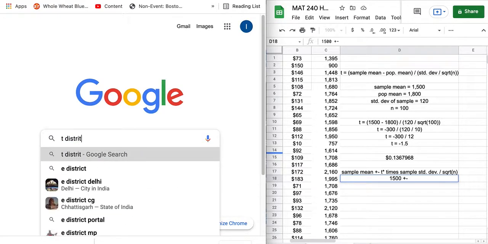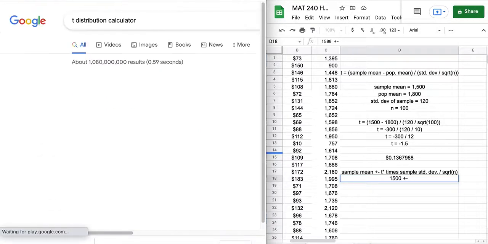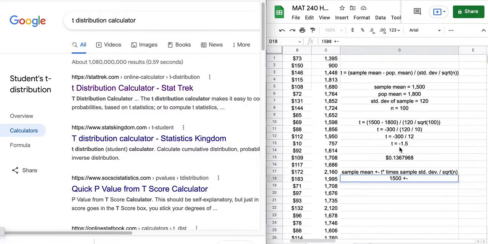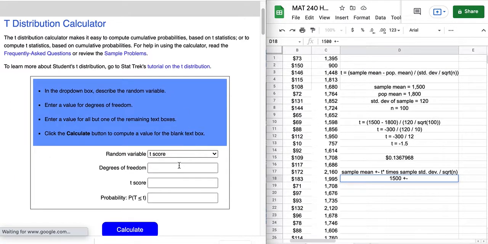T distribution calculator. I'm not using my test statistic. That was for testing a hypothesis. If I want a guaranteed 95% confidence interval, I've got to use the t-value from the book. I've got to type in my degrees of freedom, and I want a two-tailed test. So if it's 95% confidence, I want 0.025 in each tail.